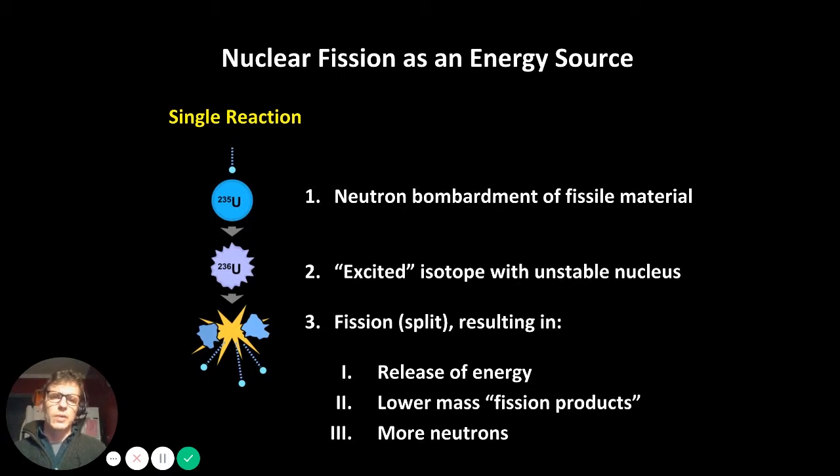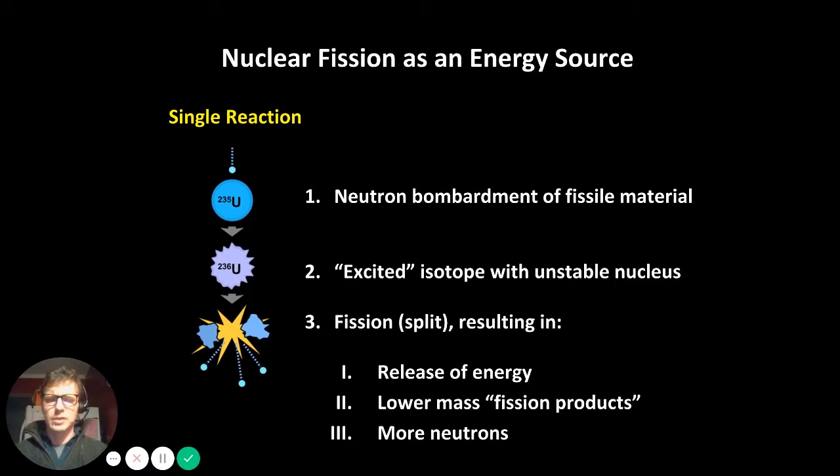So let's look at a single reaction. Off to the left here you see the schematic of a single neutron being shot at a piece of fissile material, uranium-235. When the uranium-235 absorbs this neutron, it becomes excited, and then its nucleus is unstable and it can split.